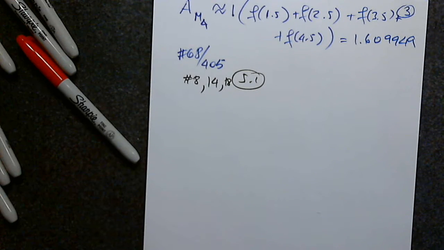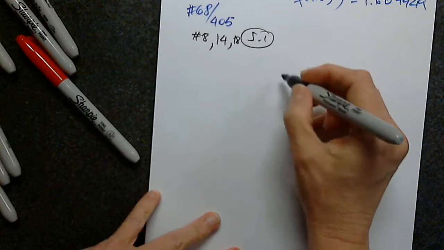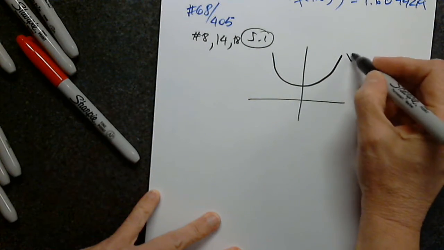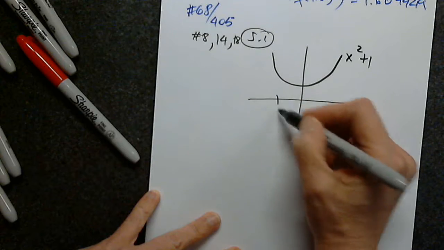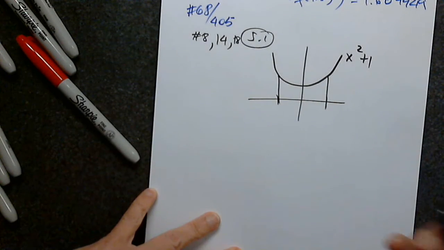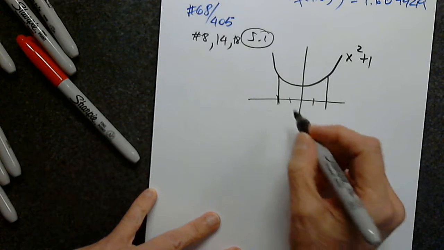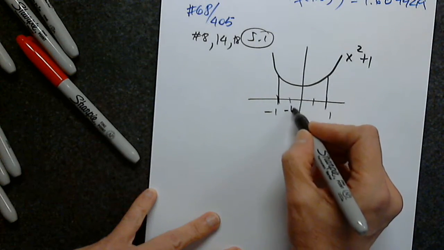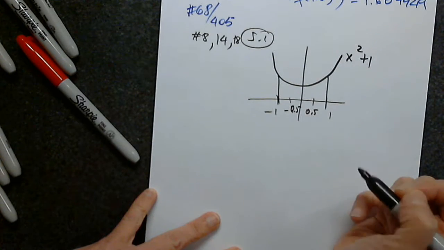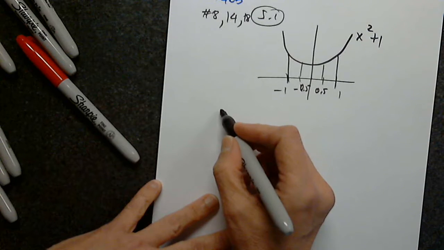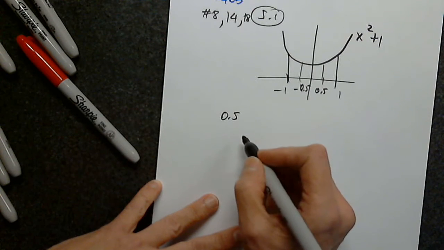Can you go over it? Right, yeah. So you have this function, x squared plus 1, and you have negative 1 and 1. So if you're using 4 subintervals, you have negative 1, negative 0.5, 0, 0.5 and 1. If you're using the leftmost point, you will have 0.5, which is the width of the interval.